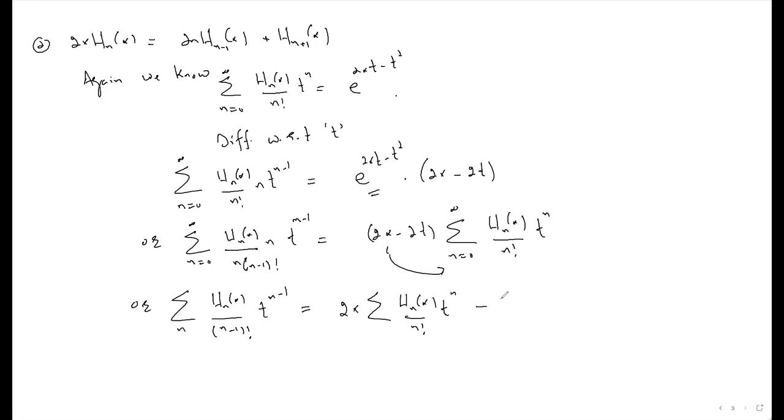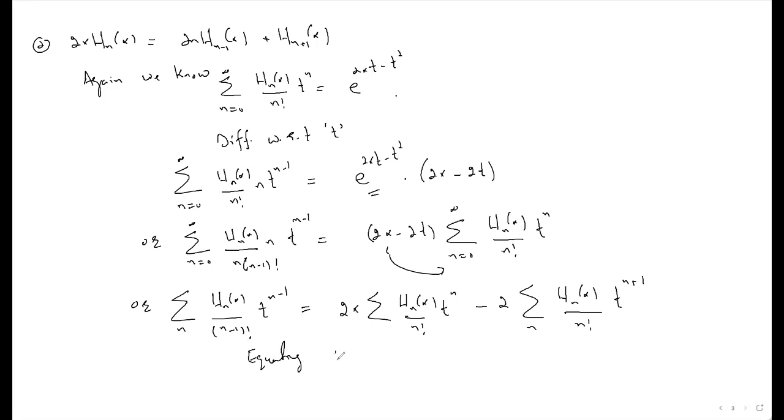Minus, now I will just multiply 2, it will be minus twice summation over n running from 0 to infinity h n of x divided by n factorial, then t raised to power n plus 1. Okay, now I can equate the coefficient of t raised to power n.